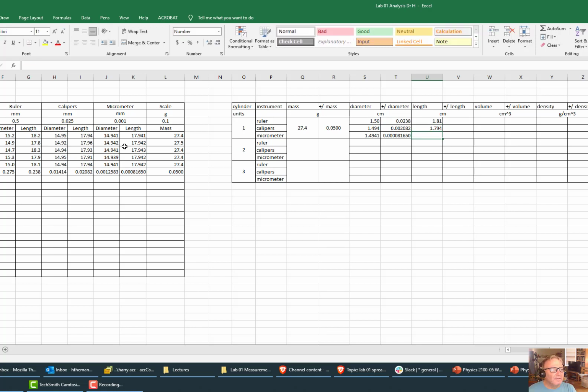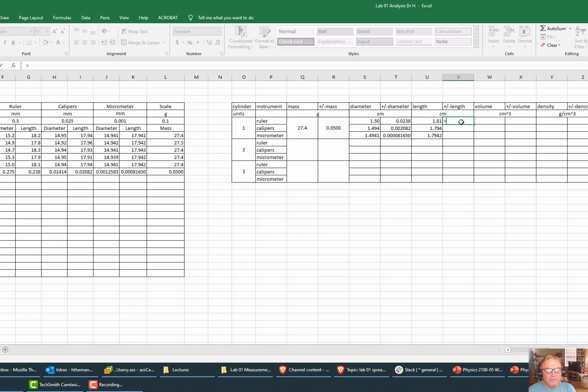And micrometer length. No, here. All right. Equals micrometer length divided by 10. Nice. And then we have to do a similar thing here.